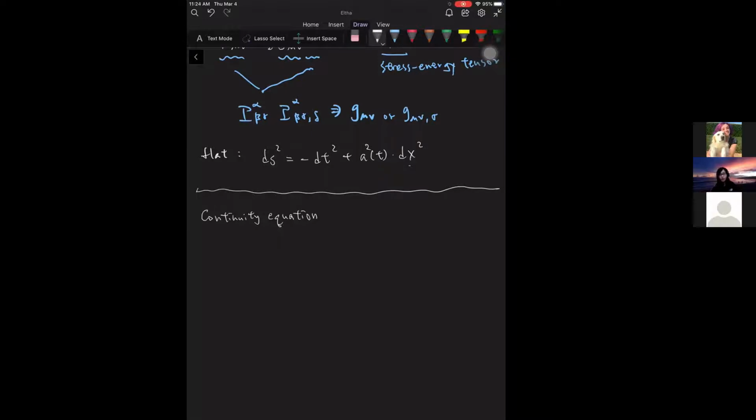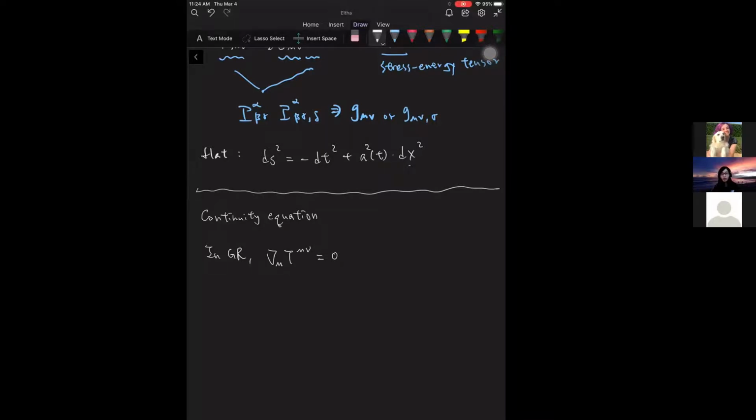In general relativity, this equation is derived from the conservation of the stress energy tensor, which can be written as the covariant derivative of the stress energy tensor is 0. You can just think of this as a conservation of energy and momentum.